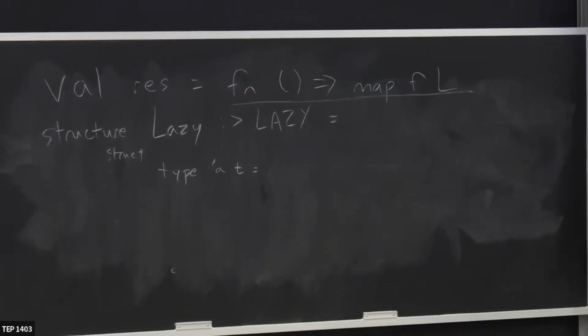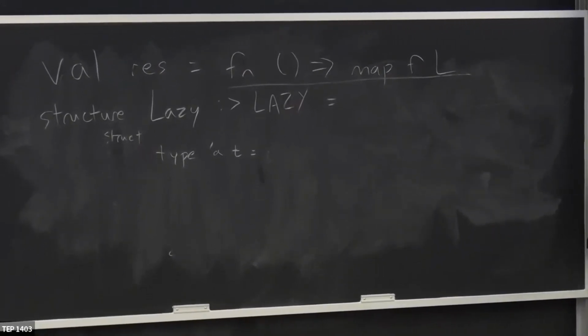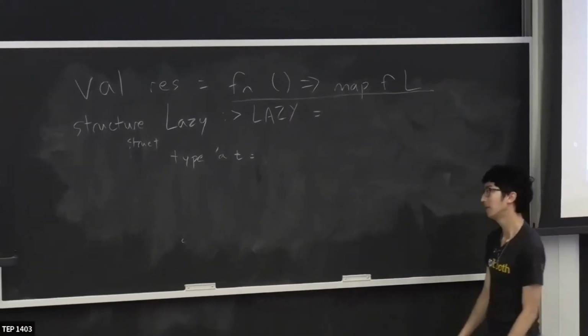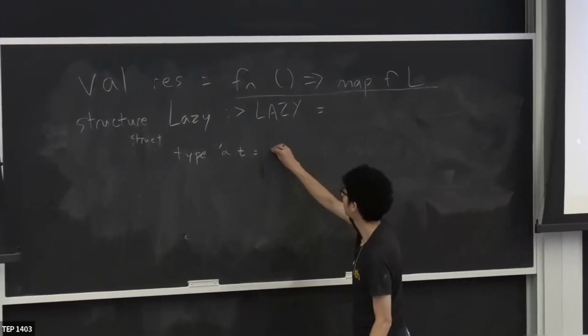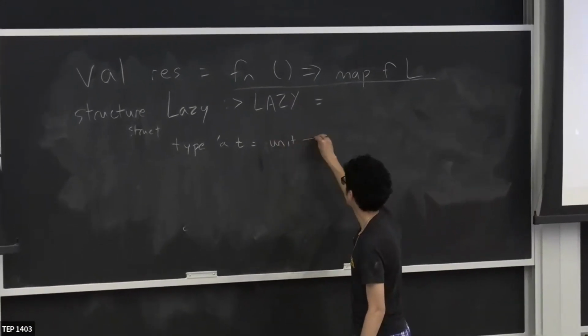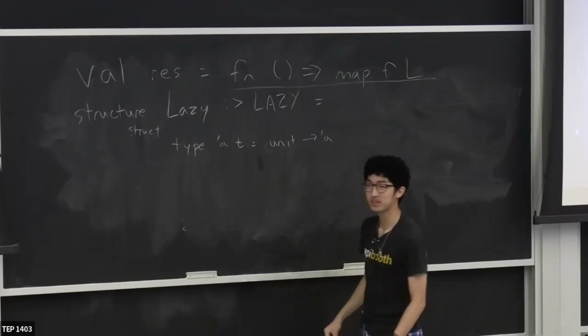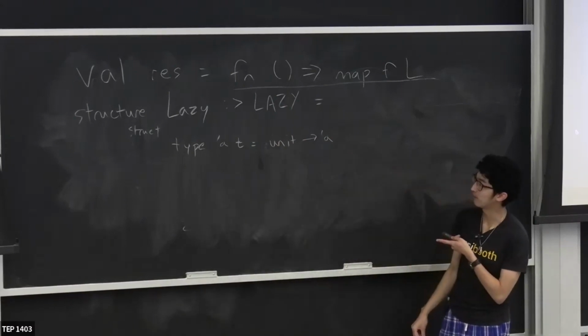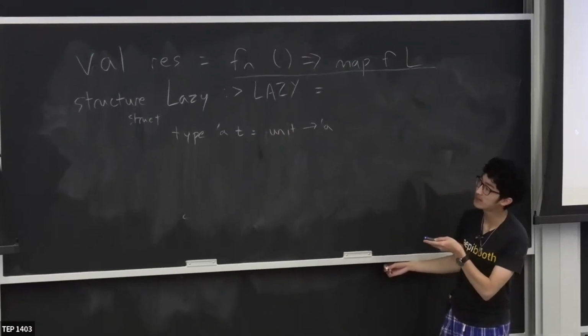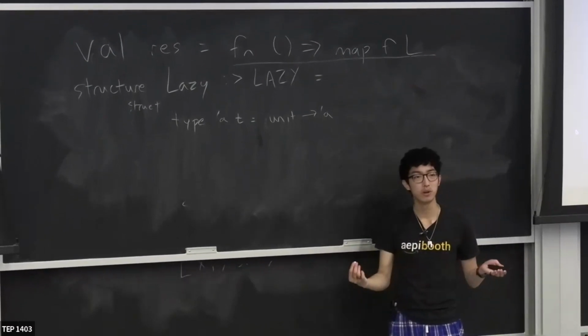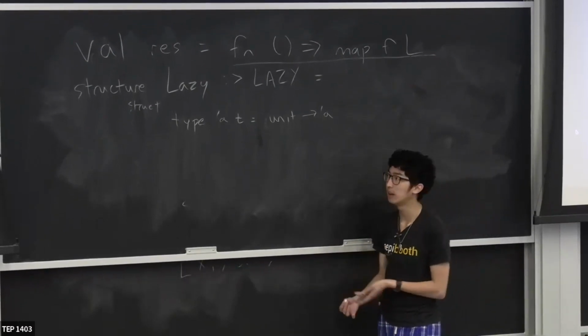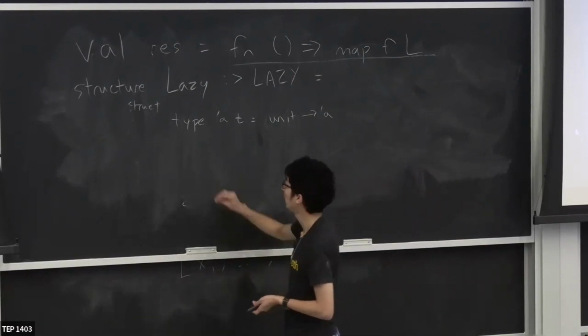It could be anything, right? But the point is that it encodes a suspended computation. It's just going to have the same type on the inside. But now, to someone using the structure, they get to maintain that conceptual divide between something of lazy type and not.